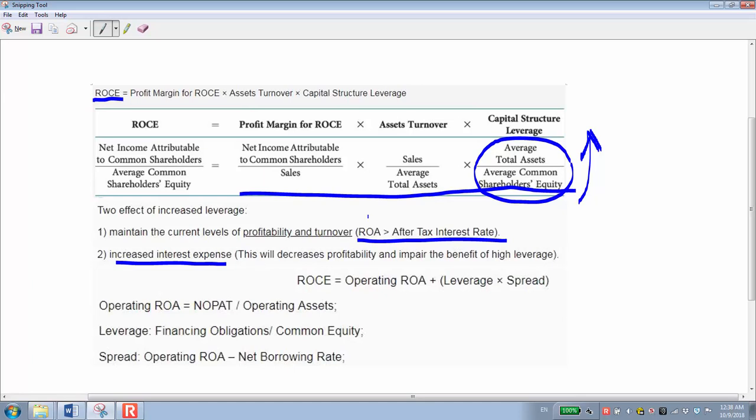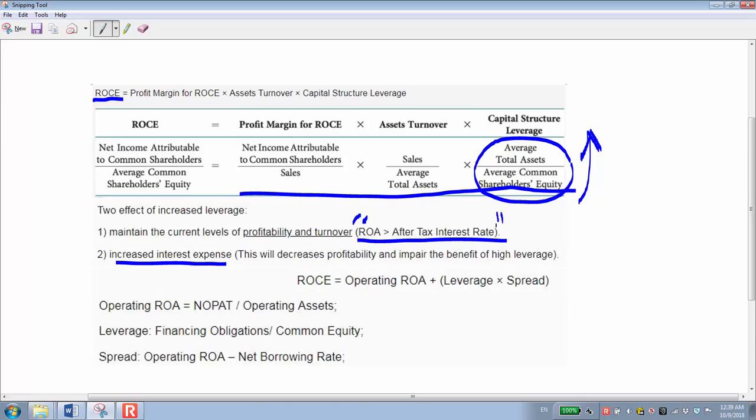Right? So a company with greater leverage may not be able to maintain this relation. That means the company cannot increase the wealth for the common shareholders.